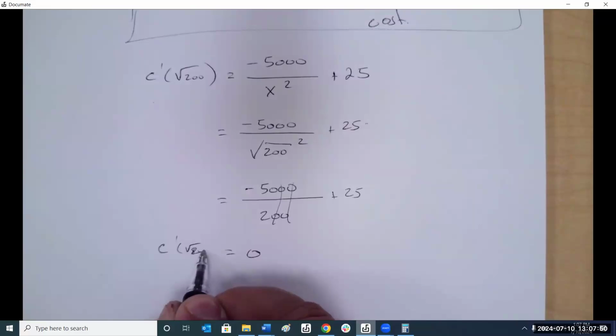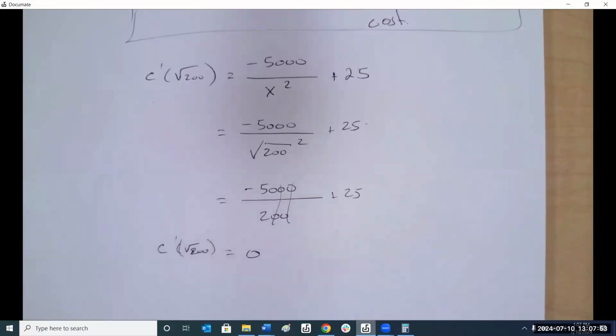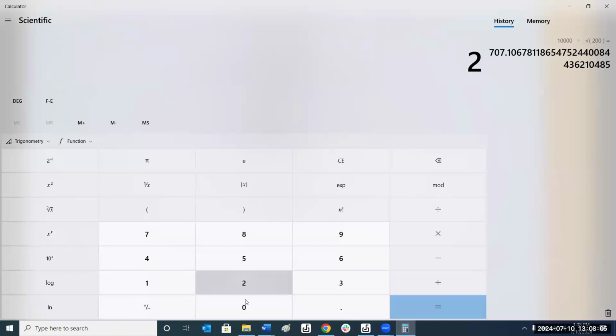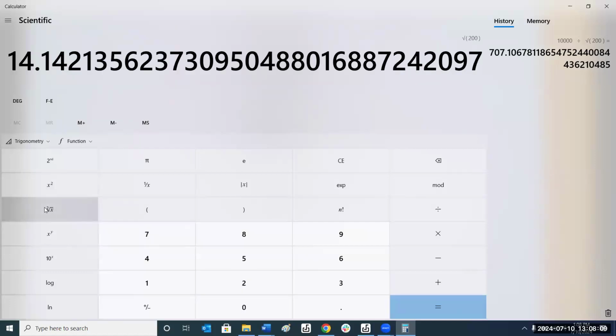Because the first derivative, we're looking for where is it maximum or minimum? That's checking it there. So 200 square root of that. What does that represent?